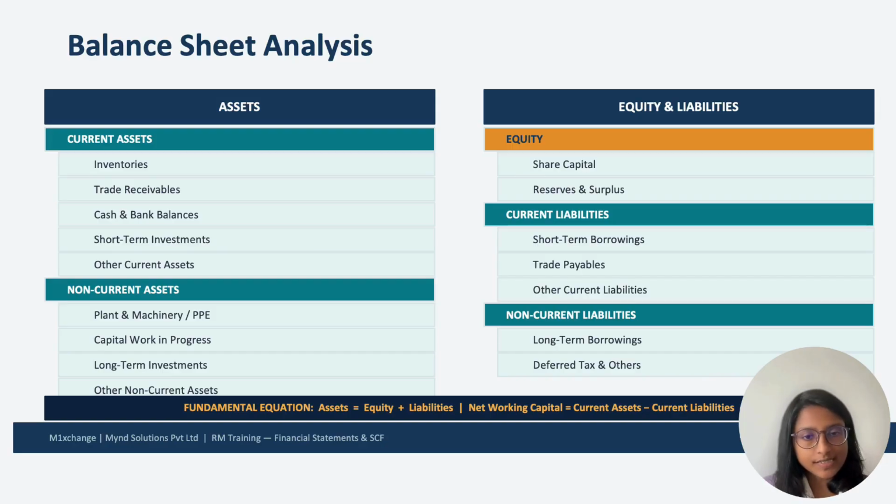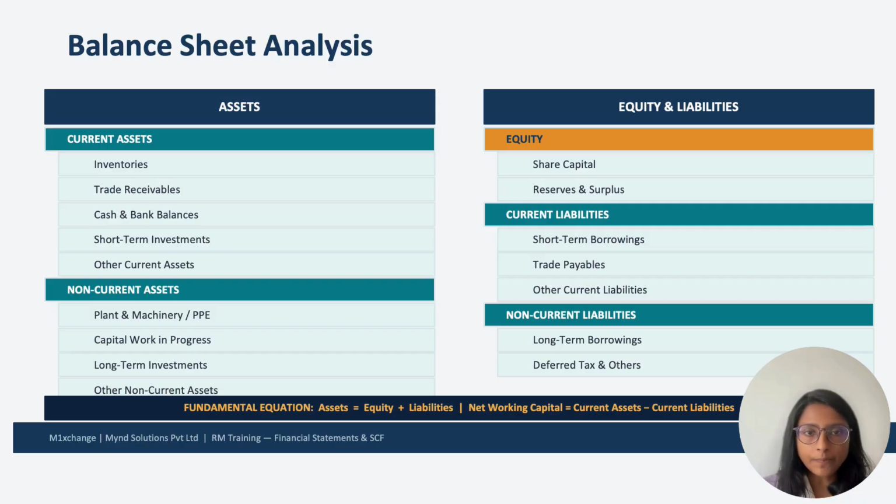Non-current assets, anything beyond a year. For example, plant and machinery, capital work in progress, long-term investment. So if a company is investing in mutual funds for a period of 3 years, it will be under your non-current assets.